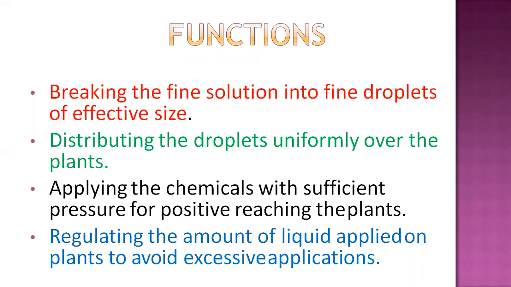Applying the chemicals with sufficient pressure to reach the target site, where some attacking agent is to be destroyed. And lastly, regulating the amount of liquid applied on the plant to avoid excessive application. So these are overall the functions of the sprayer.